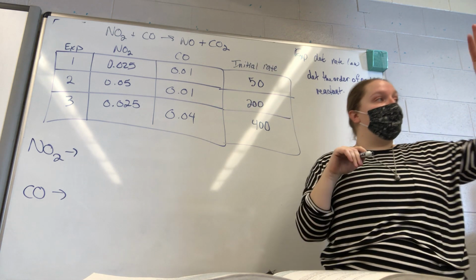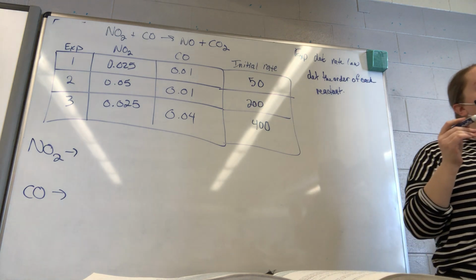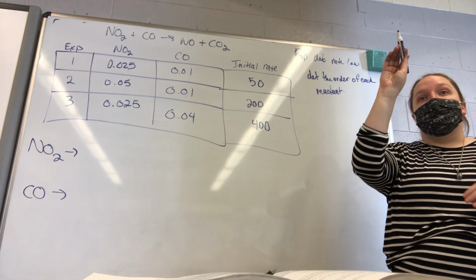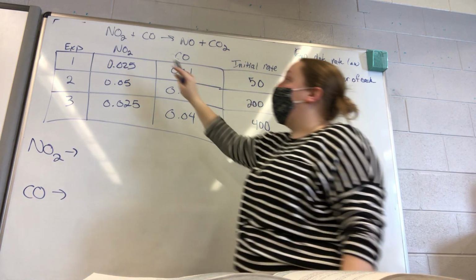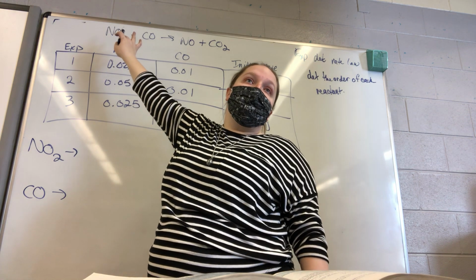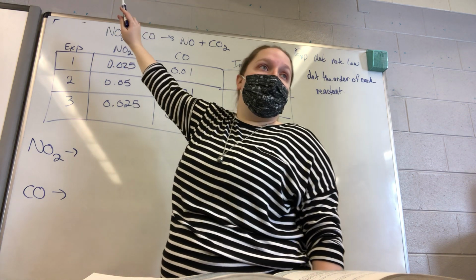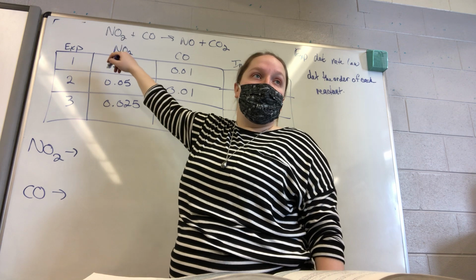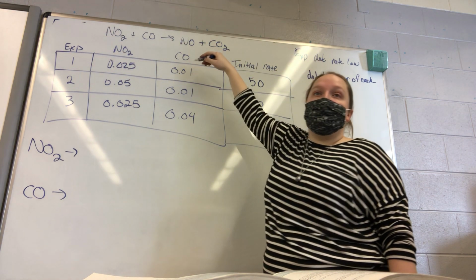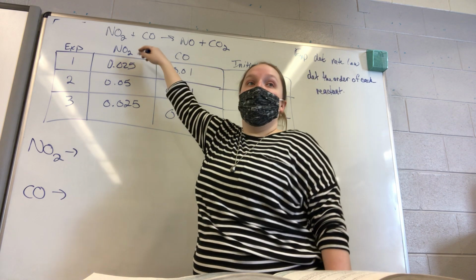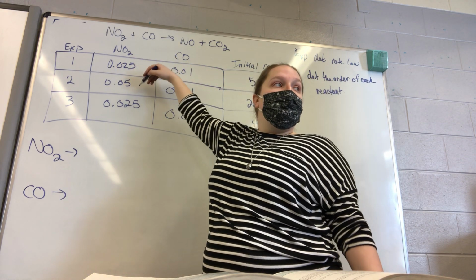In order to look at one thing at a time, remember that when it comes to experiments, we want to watch one variable. We don't want to watch two at the same time. So we're going to look for our first reactant. We want to find two experiments where that one changes by a predictable amount, if possible, and the other one stays the same. So these first two should be the ones we look at.